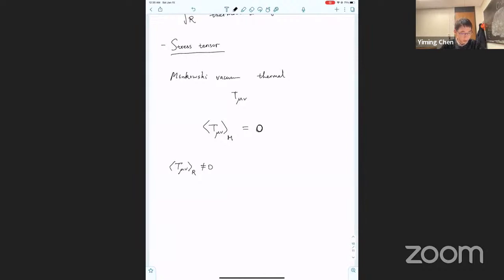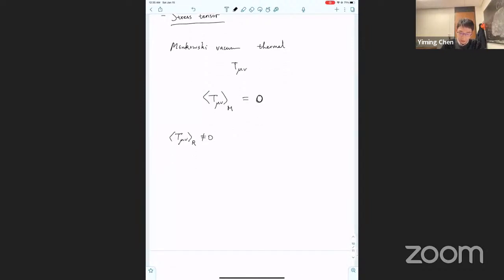Of course, the resolution to this paradox is very simple. It's because, well, when we talk about the absolute value of the energy, we always choose a 0 point for the energy, right? So we should really view this equation, the T mu nu in the Minkowski vacuum, as a definition.